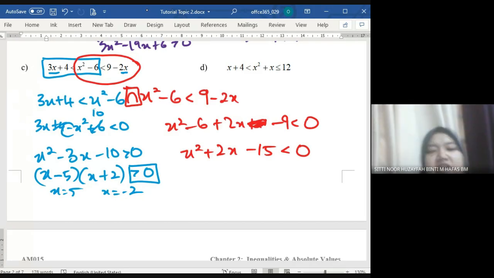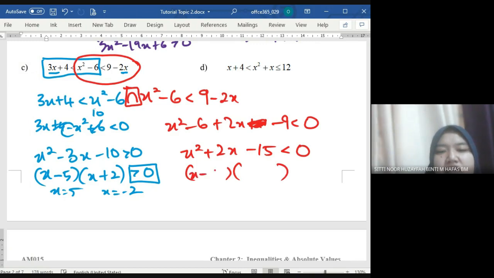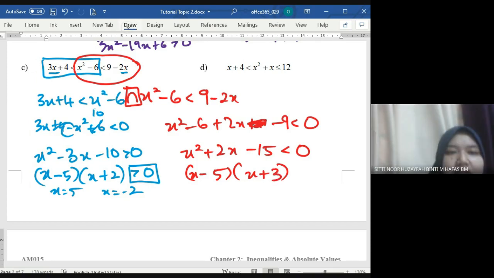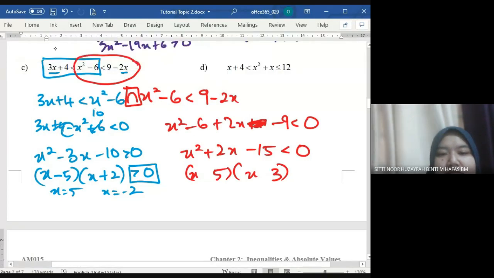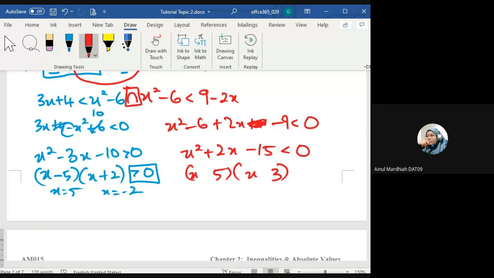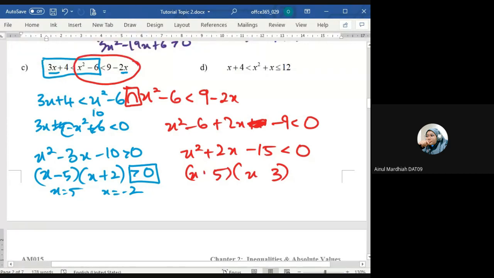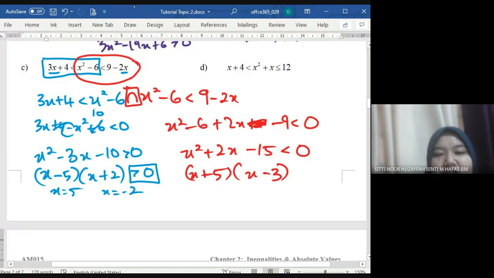Saya tak payah nak betulkan lagi. Saya faktor terus. So saya dapat apa ni? X tolak 5, X tambah 3. Salah. Salah kan? Salah. Sepatutnya X tambah 5, X tolak 3. X tambah 5, X tolak 3 kurang daripada 0.